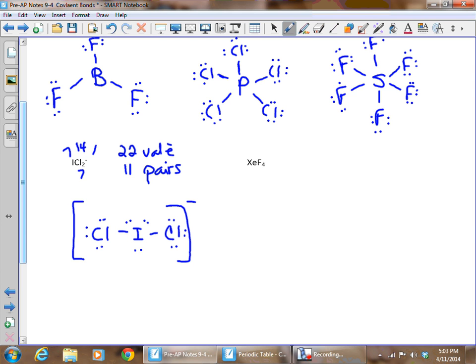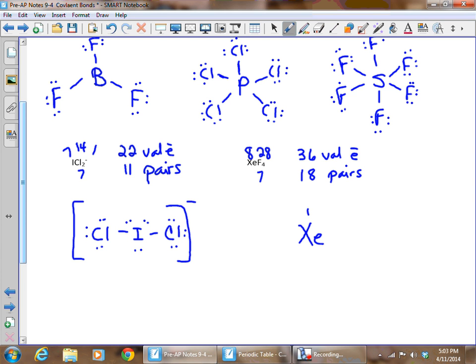Our last one, xenon has 8 valence electrons. Each fluorine has 7 for 28, and that gives us 36 valence electrons total, or 18 pairs of electrons. We put xenon in the middle. This is an example of one of our noble gases reacting with fluorine only.